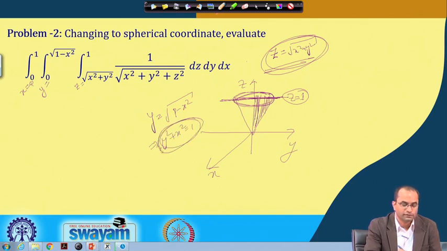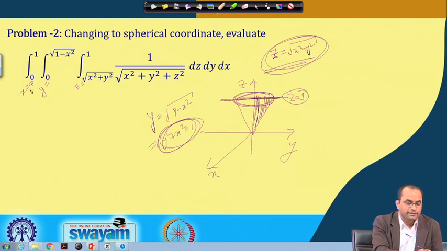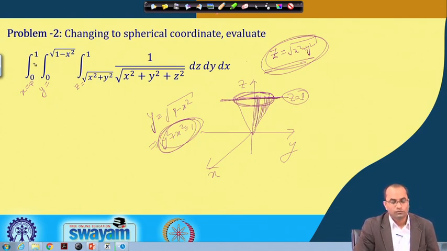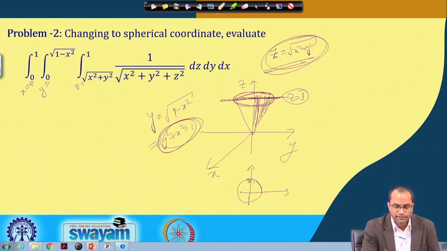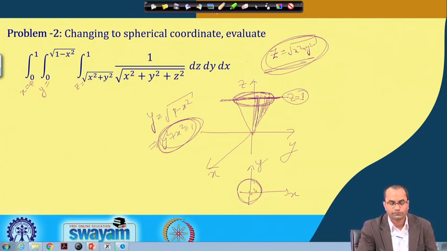So, that is a circle, and x goes from 0 to 1. The projection of this cone in the xy plane will be a circle of radius 1.